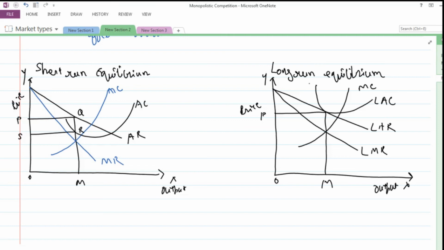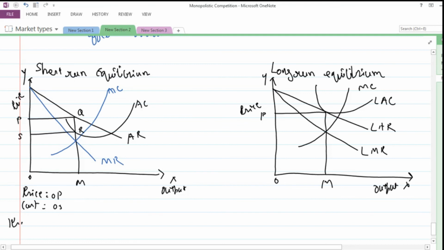In the short run equilibrium, the price is OP and the cost is OS. So profit is this shaded region.